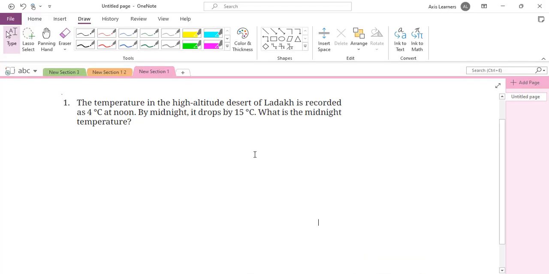In the first question, they have given the temperature in the high altitude desert of Ladakh, recorded as 4 degrees Celsius at noon. By midnight it drops by 15 degrees Celsius. What is the midnight temperature? So what is the temperature at the noon?